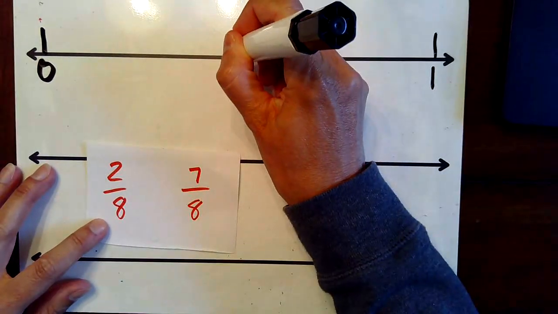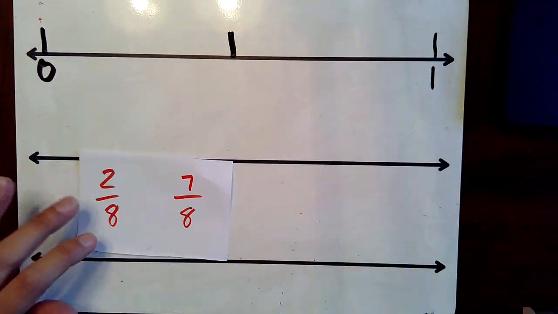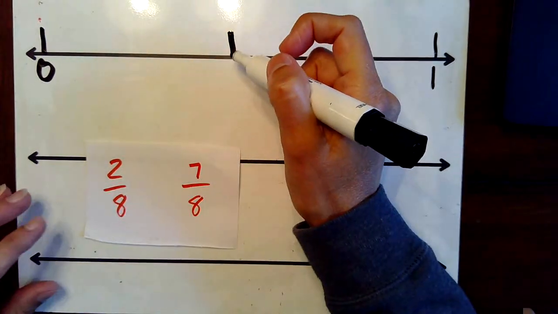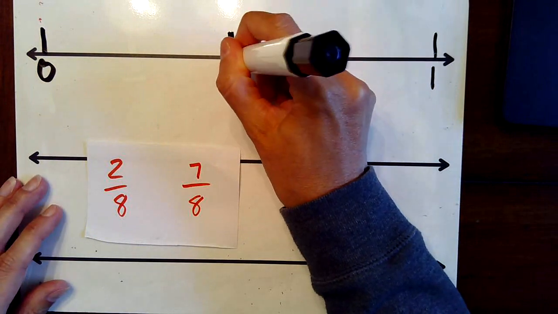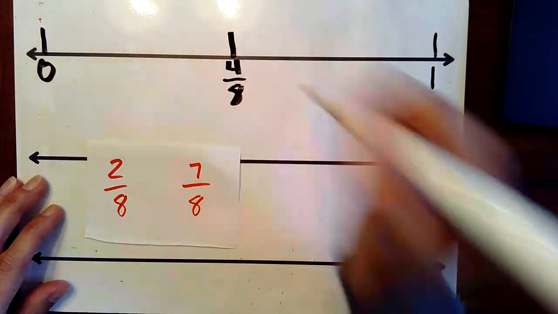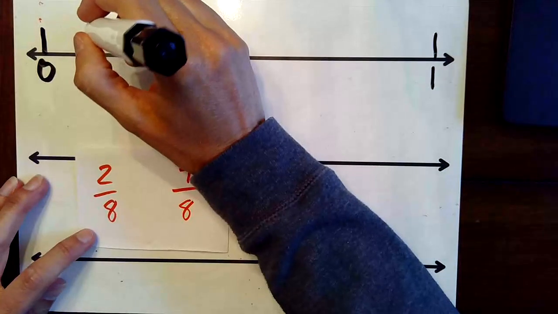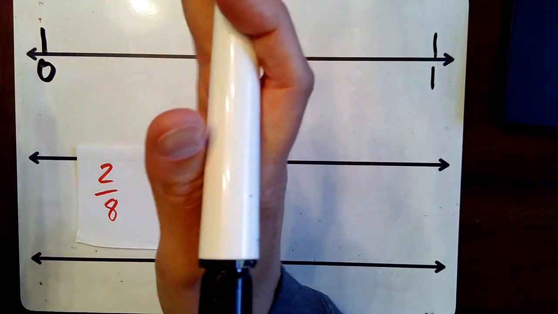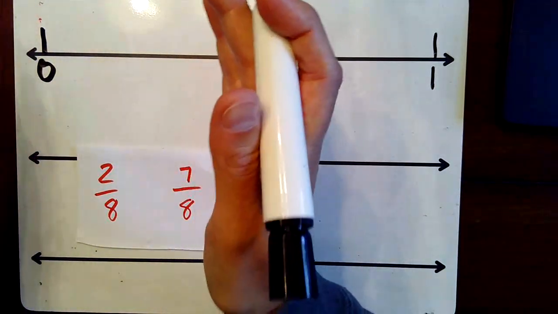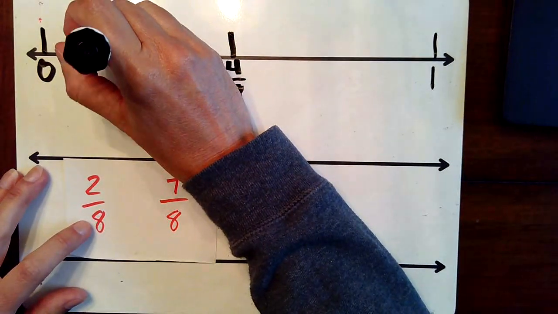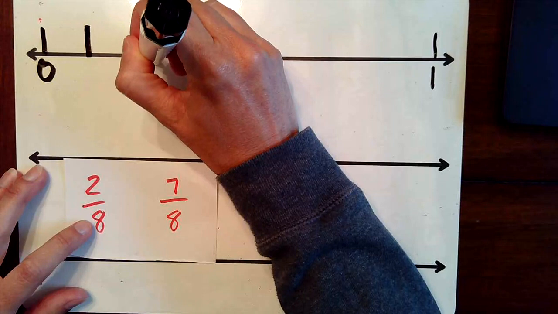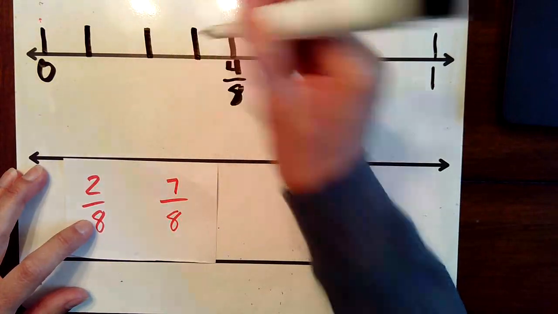So when I'm working with eighths, I know that halfway point or the midway point is when the numerator is half of the denominator. 4 is half of 8, so 4/8 would be in the middle. And then I want 4 copies of 1/8, or 4 lengths of 1/8 on each side. So that's going to be 3 lines. 1, 2, 3.